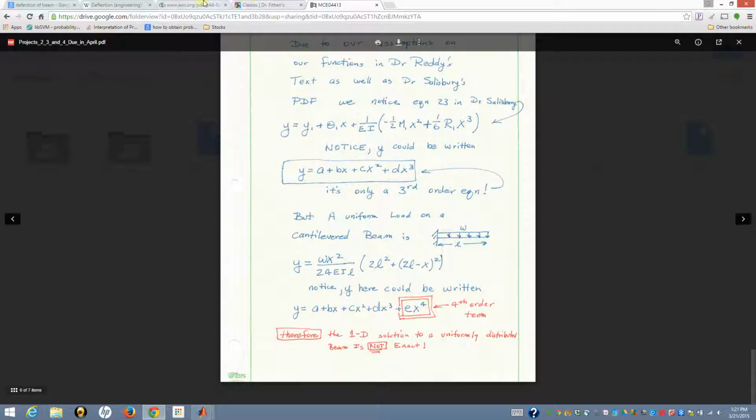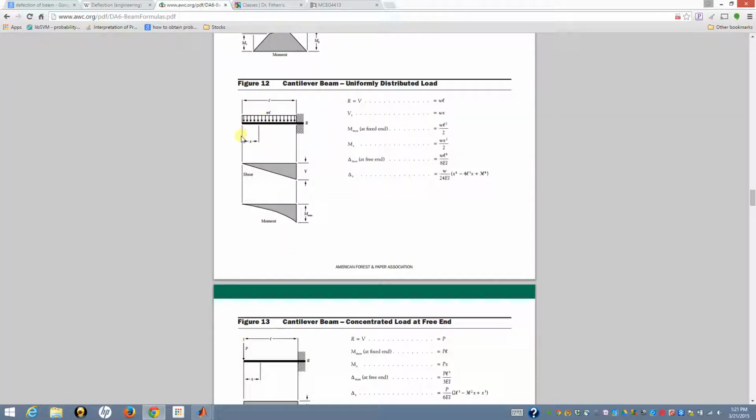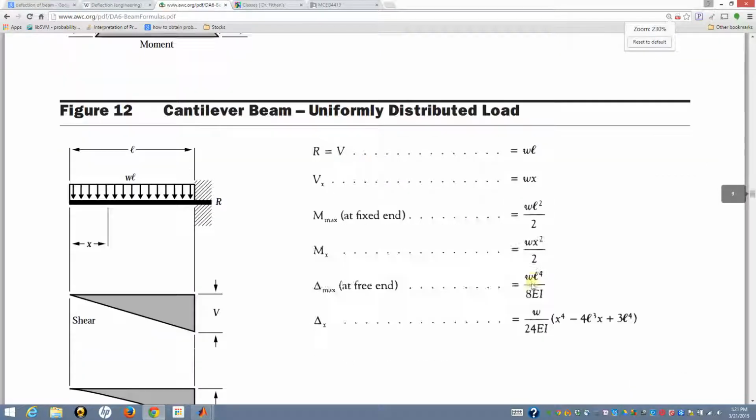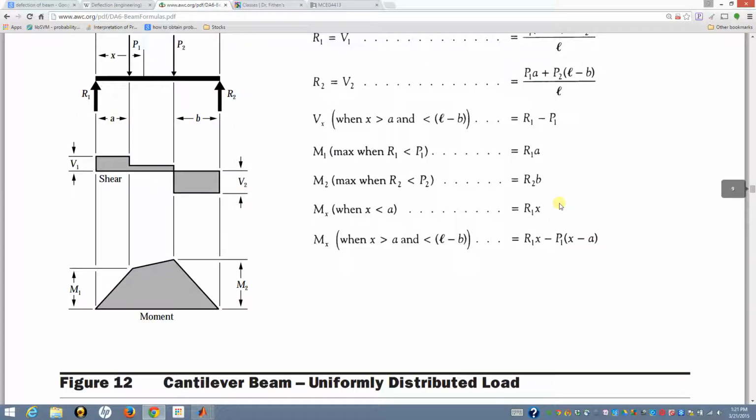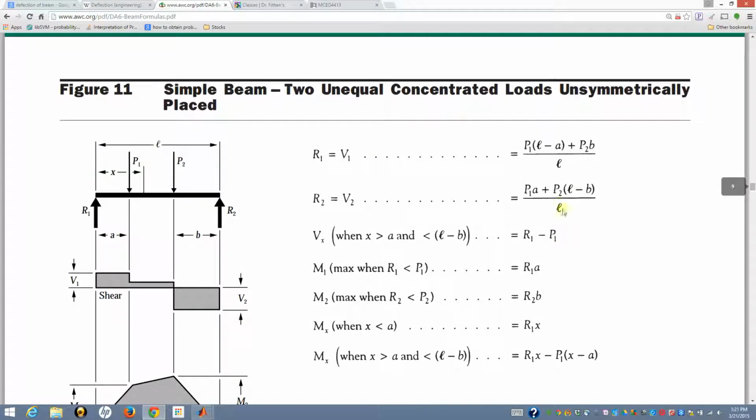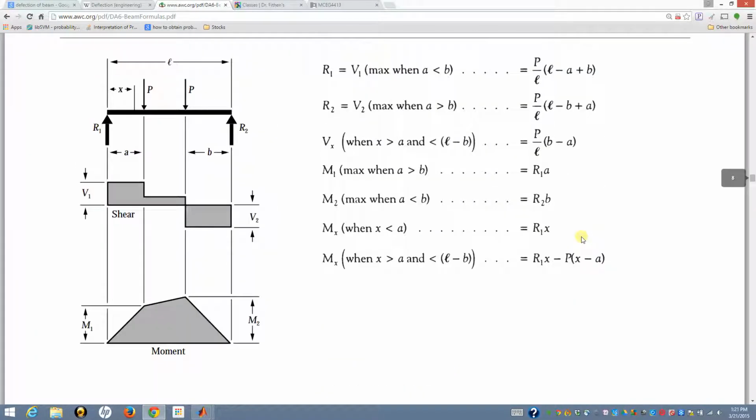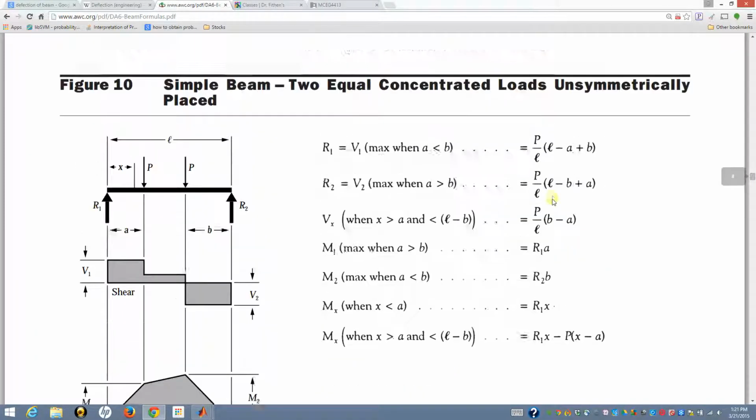Whether you pick it up with the X coordinate originating at the tip or the base, it's still a fourth order. You'll see a fourth order right here. There's your fourth order. If you go through all the rest of them, look at one that's a little bit more realistic.